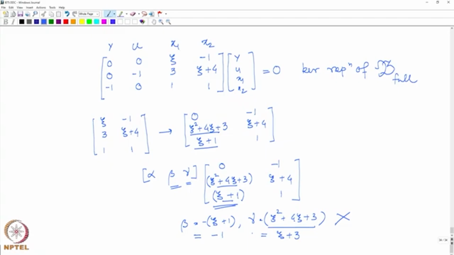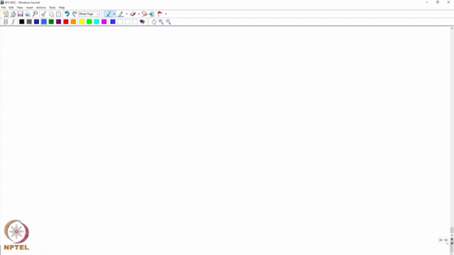So let us check what happens with the second choice. I want beta times (xi squared plus 4 xi plus 3) plus gamma times (xi plus 1) to be equal to 0, isn't it?